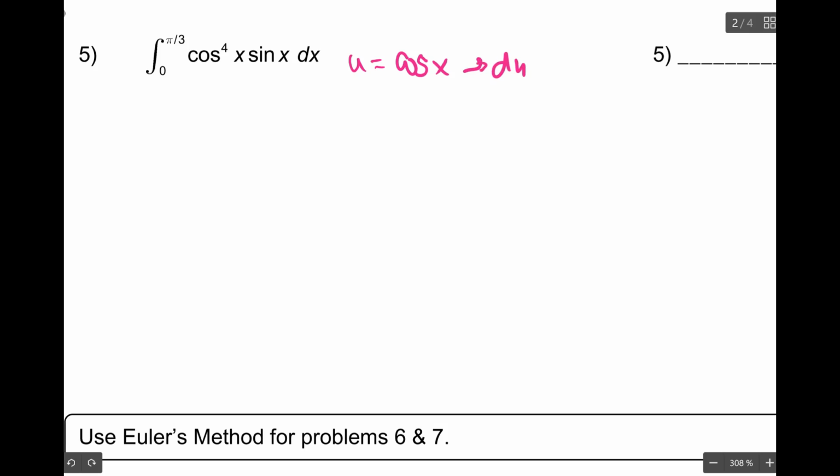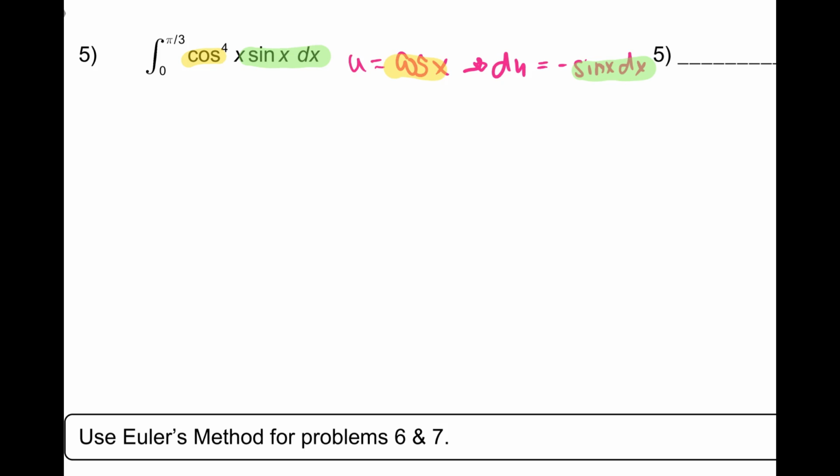So du is going to equal negative sine of x dx. That way this guy is knocked out, and then I'll just have u to the 4th. Let's see. And do we plug in?